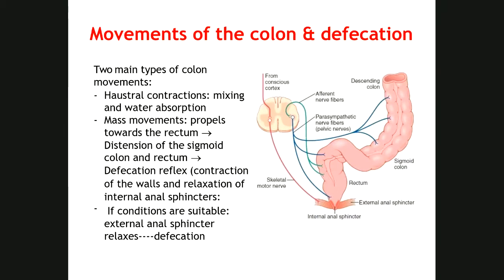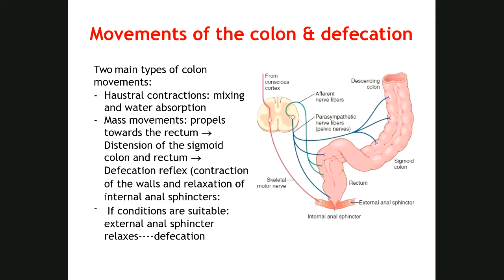So the movements here: we have the haustral contractions that will help in mechanical mixing and water absorption. In addition, there is a peristaltic movement that will help to propel the remaining chyme in the large bowel into the terminal parts of the large bowel, which are the sigmoid colon and the rectum.